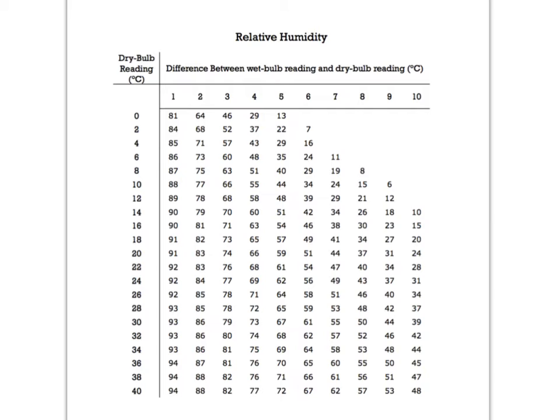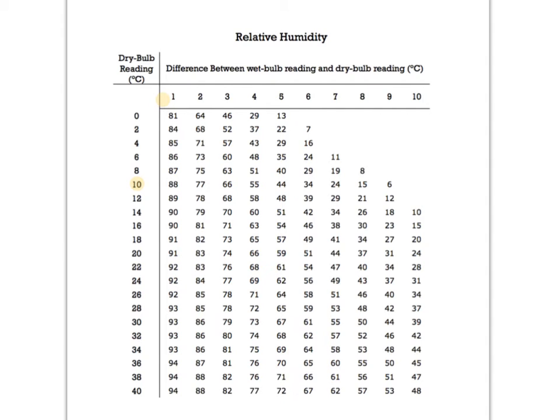Okay, so on the chart, notice how the dry bulb temperature we had was 10, but I don't have a difference of 0. What would that be? Remember going back to our psychrometer, if we were at 100% saturation, would we get evaporation?